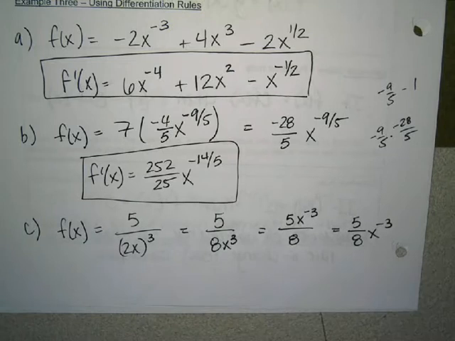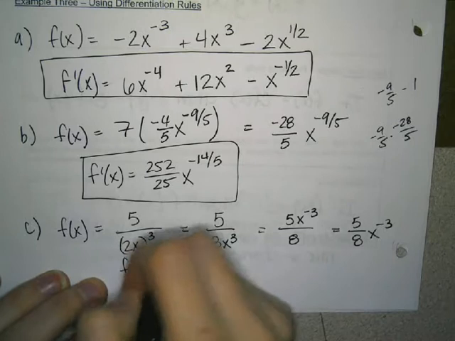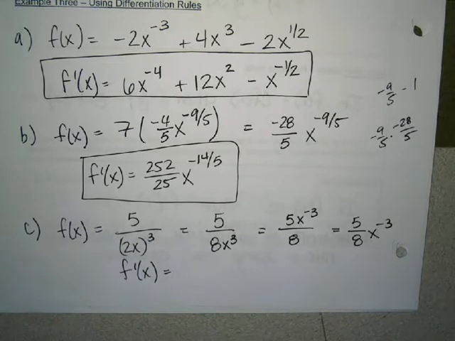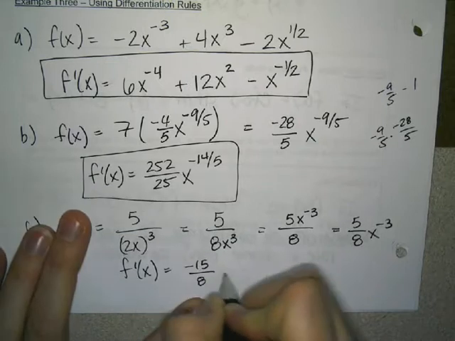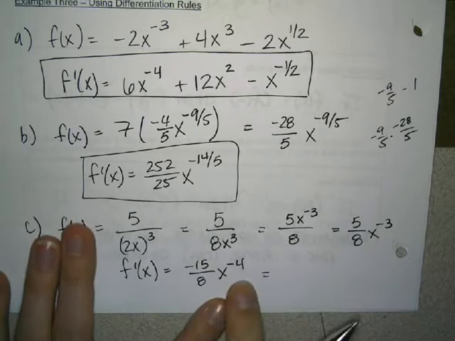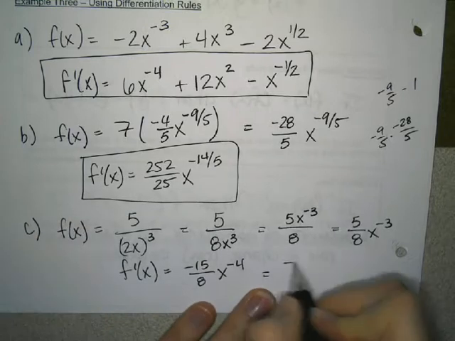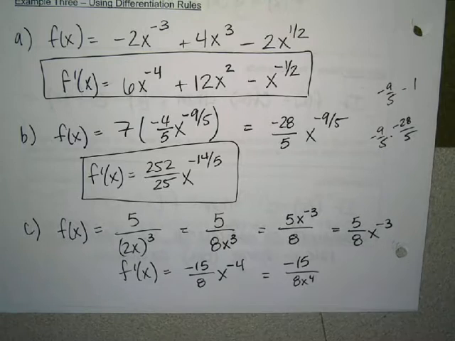So I'm going to use this and take the derivative of that piece. Multiply by the original exponent, so we get negative 15 over 8. Then we're going to subtract 1 from the exponent. So technically, we could rewrite this as negative 15 over 8x to the 4th, because they're the same thing. But leaving it like this is probably fine and sufficient.